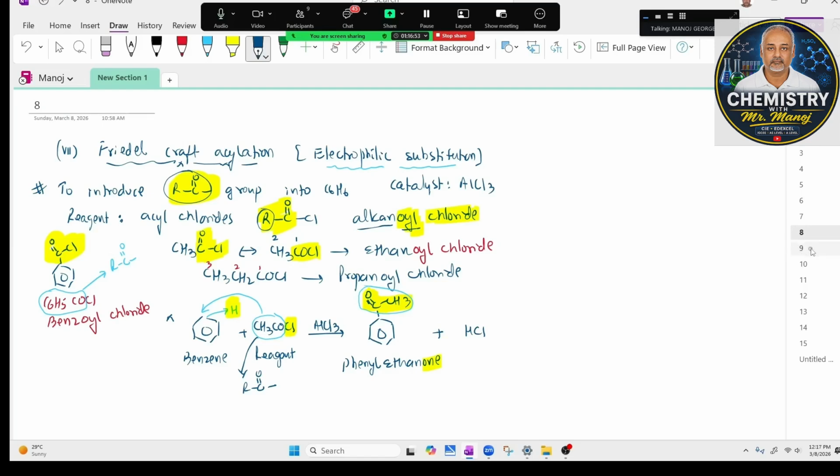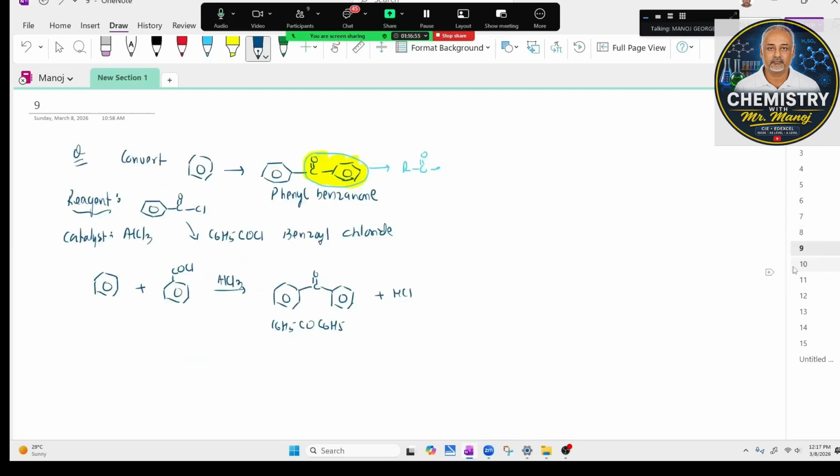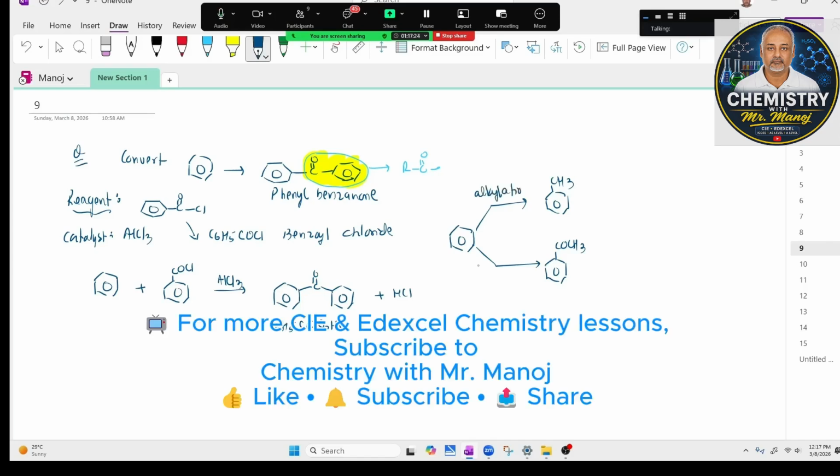Just to summarize this, just to be sure that everyone is clear. Does this make it very clear that this is alkylation and this is acylation?